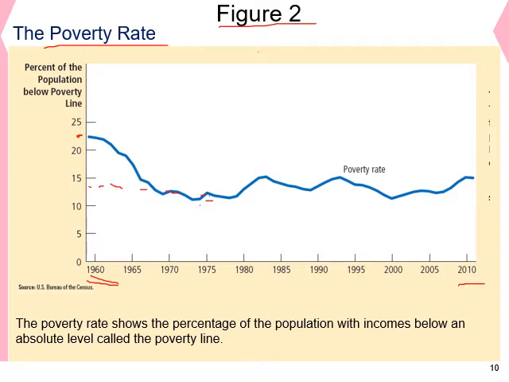In 1993, the poverty rate increased to about 15%. And right now, in 2010, the poverty rate has stabilized around 15%.